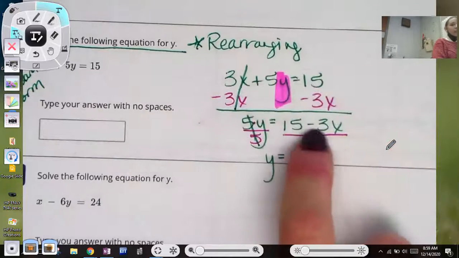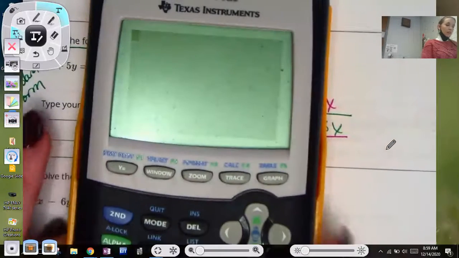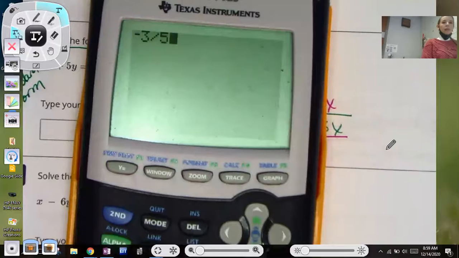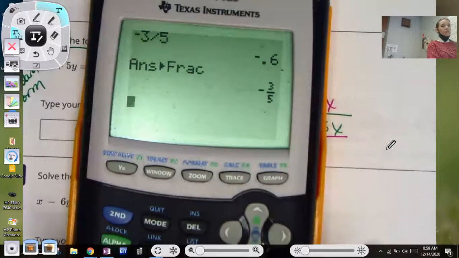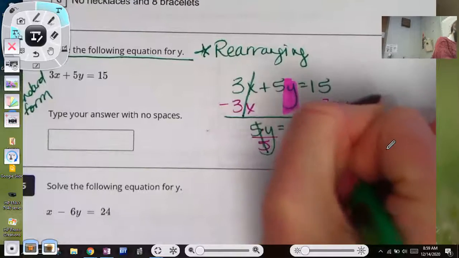And then I have a -3 divided by 5. I can't do that in my head, so I'm going to use my calculator. -3 divided by 5. Do I want to keep it as a decimal? No, so I'm going to go to math, enter, enter, and I get -3/5 x.